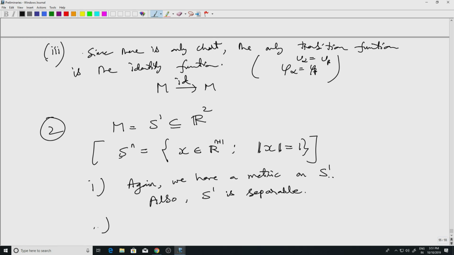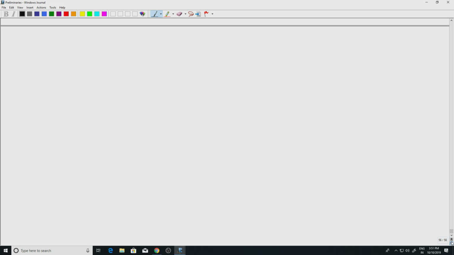What I want to focus on is constructing charts on S1, the locally Euclidean property of dimension 1. So how do we construct charts? After all, what is a chart?